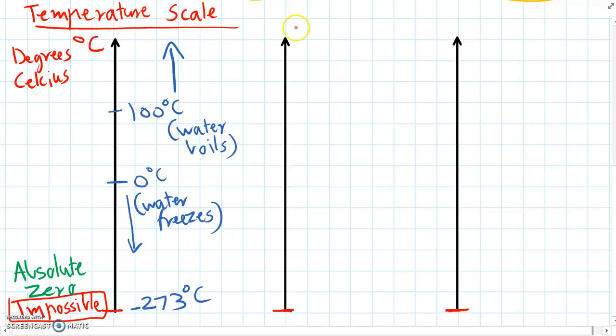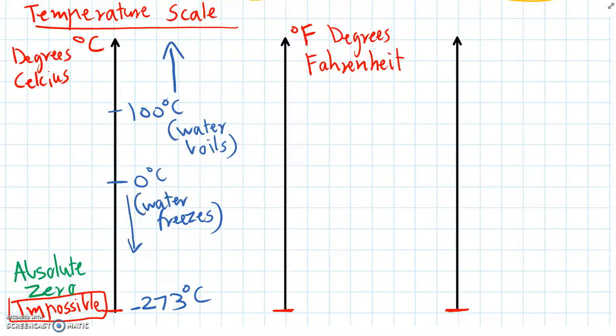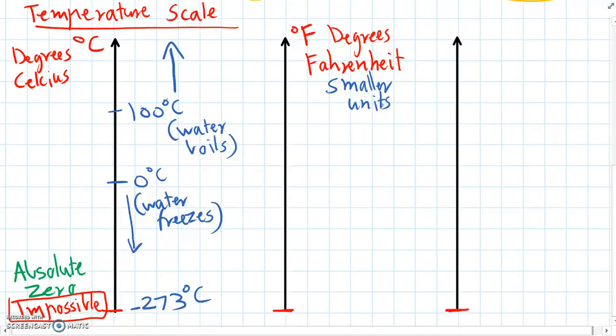There's another common measurement that's used in America in particular that's called degrees Fahrenheit. And they used to use it in Europe and Australia too. Fahrenheit actually has smaller units than degrees Celsius. So for every degree Celsius, we go up by not quite a degree Fahrenheit.